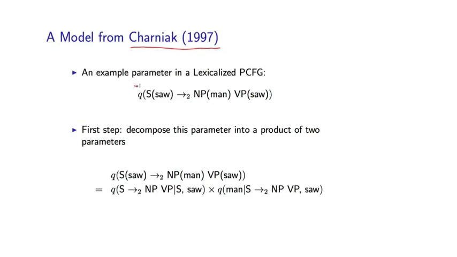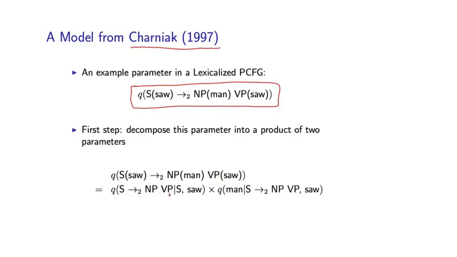So here's one example parameter, which I'll use as an example throughout this section. It's the parameter associated with S saw going to NP man VP saw. So the first step is going to be to actually decompose this into a product of two terms, two parameters, which will make our job slightly simpler.